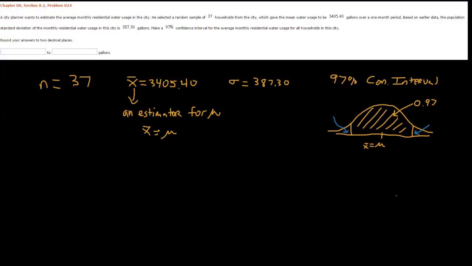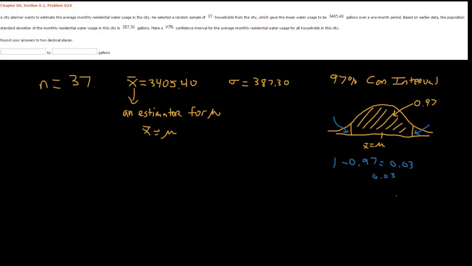Remember, this is a symmetric distribution. So if 97% of the data is in that shaded portion, what portion is left between both tails? Well, 1 minus 0.97 is 0.03.